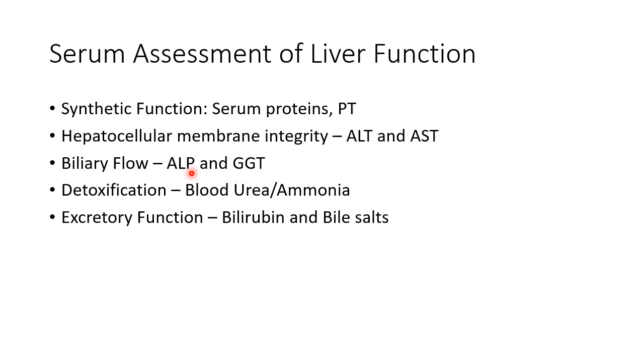If tumataas yung pressure on the lumen of the biliary canal, the pressure is transmitted intracellularly and causes the biliary epithelium to release these enzymes into the bloodstream. Okay? So, when there is impaired biliary flow, for example, cholestasis, tataas itong dalawa.